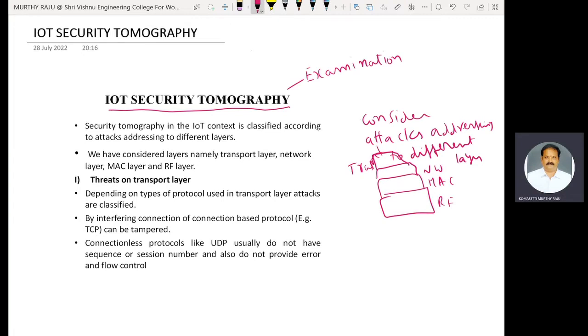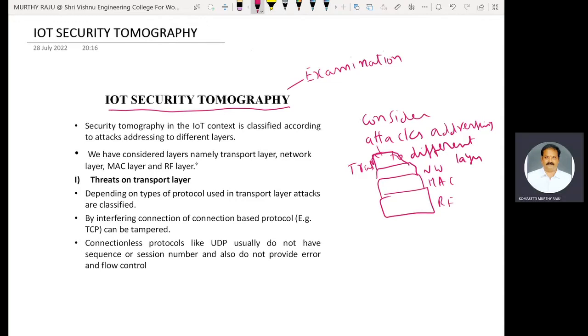In each and every layer we have to examine some attacks, which disturb the communication between the parties within the IoT networks.